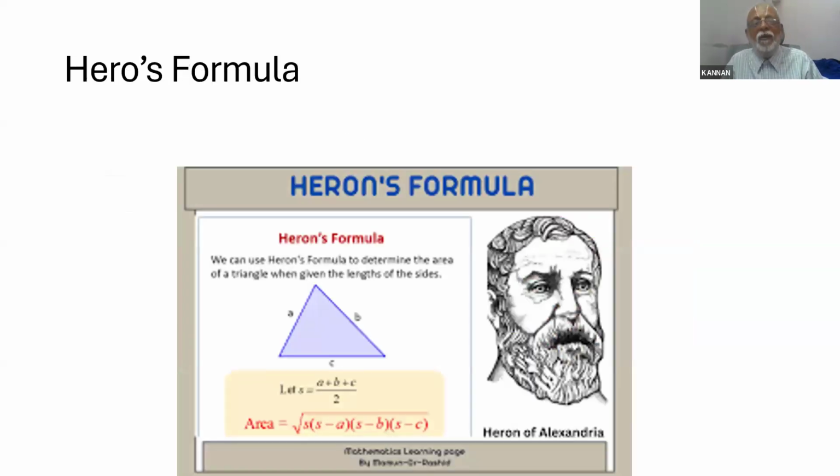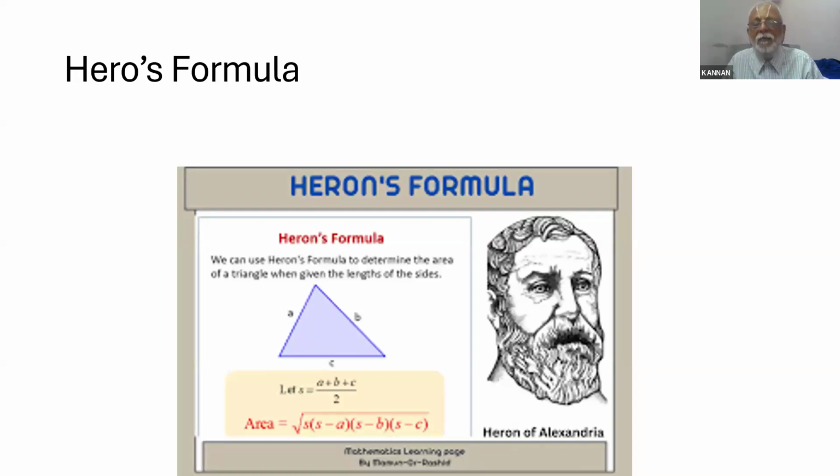Among the four historical remarks, the fourth one is the name that is more popular in the world for this formula for the area of a triangle. It is sometimes called Heron's formula and some other times called Hero's formula. It is the same formula that we mentioned a little while ago.